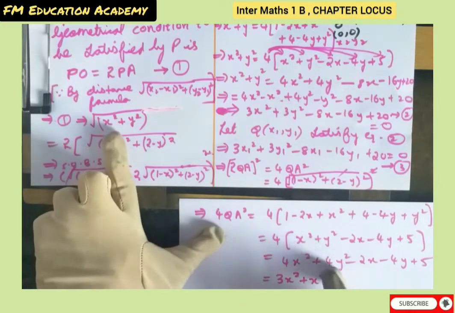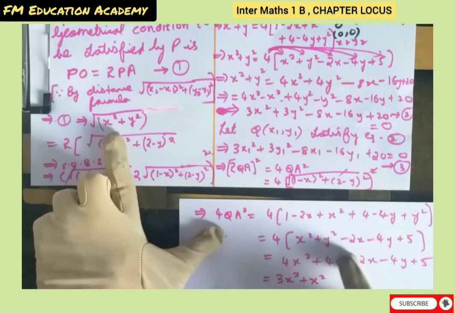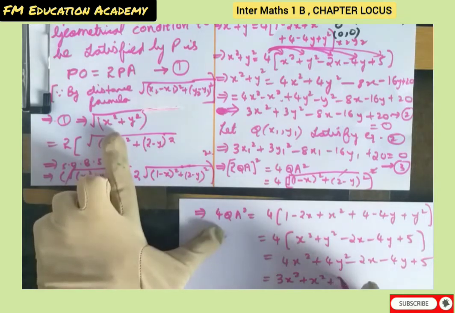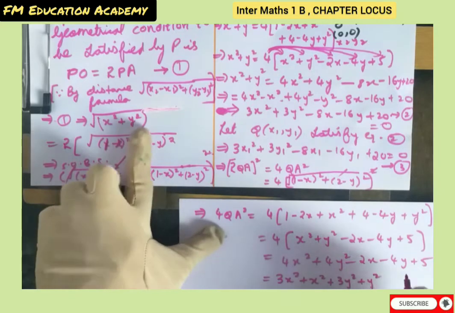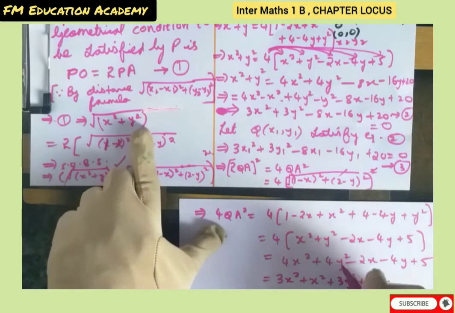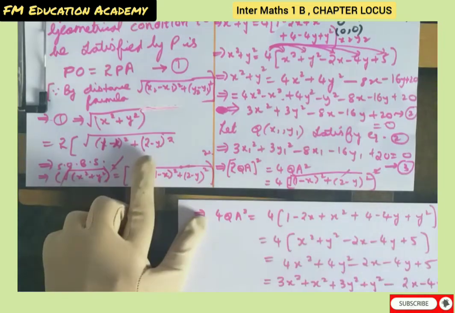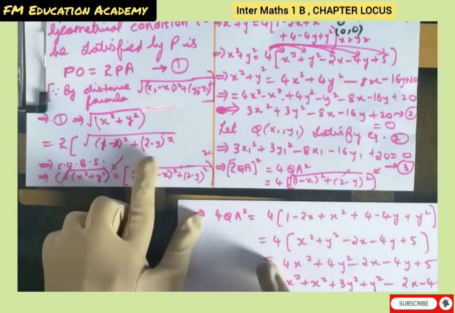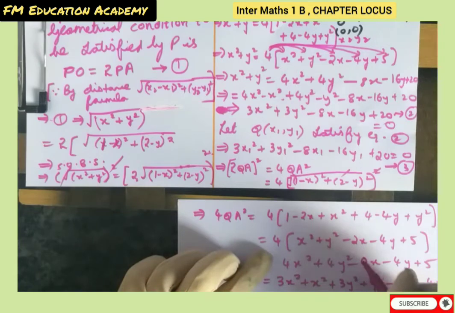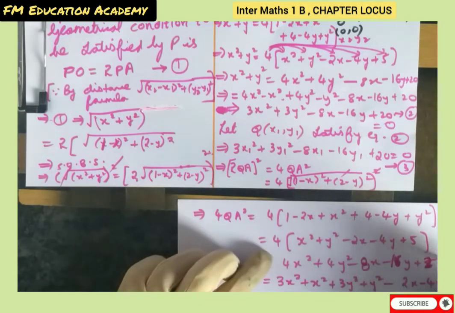Similarly, we have 4y square. How can you write this 4y square again? As 3y square plus y square. So we will get y square. Now this will be as it is, minus 8x minus 16y plus 20.